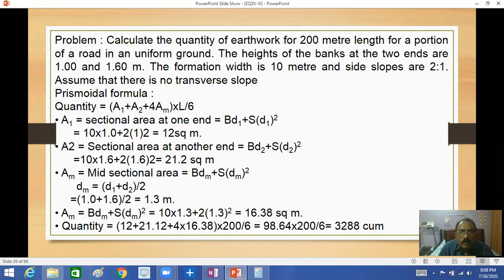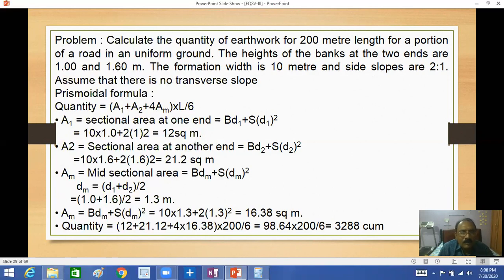Assume that there is no transverse slope. By using the prismoidal formula, we'll solve this problem. How to solve? A1 plus A2 plus 4AM, into L by 6. How to get these A1, A2 values? Already solved in the previous problem.